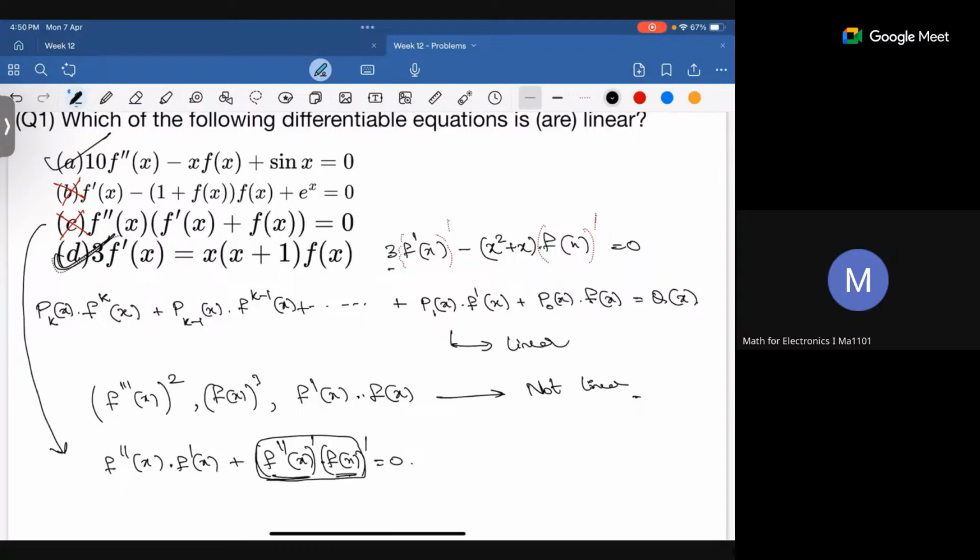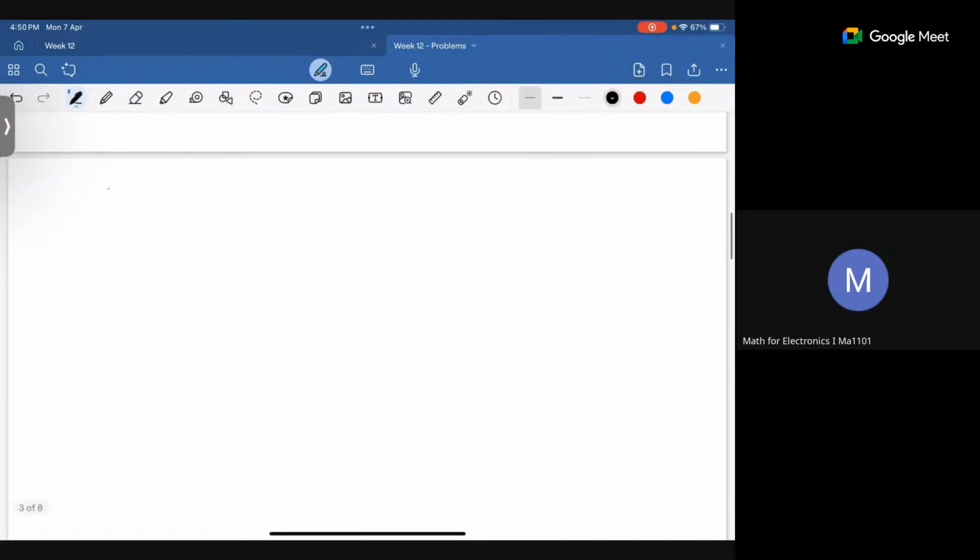So linear means if I say x1, x2, x3, xn are variables, their linear combination will be a x1 plus b x2 plus c x3 and so on, plus some n xn.